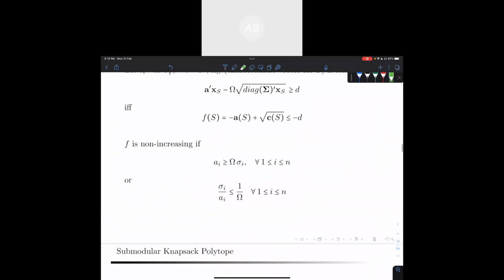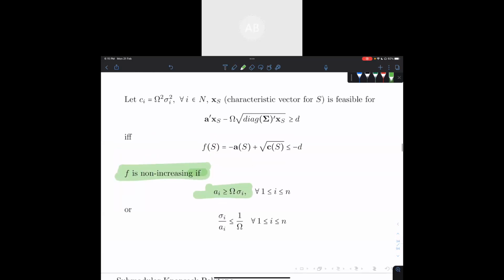However, it can be non-increasing if this is satisfied. In our case, it was, let's say, ui minus omega times the square root of the summation of sigma i squared xi, right?